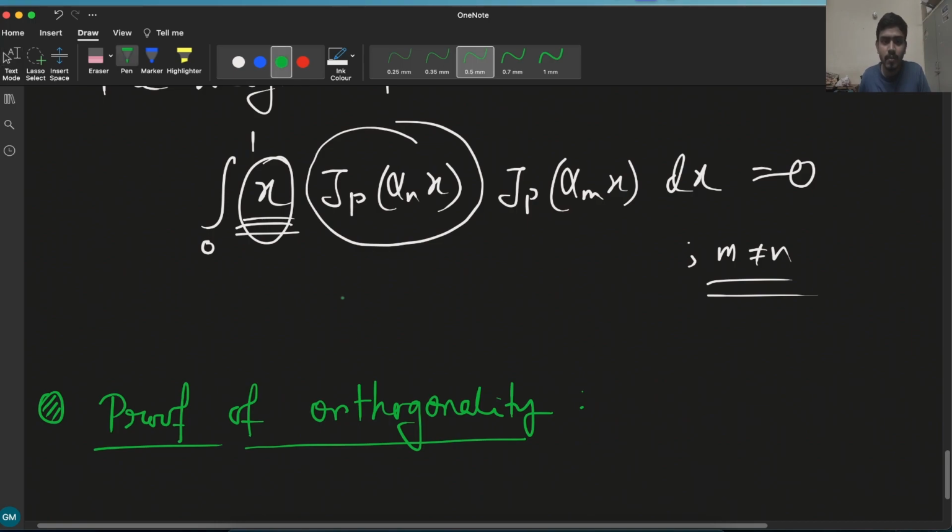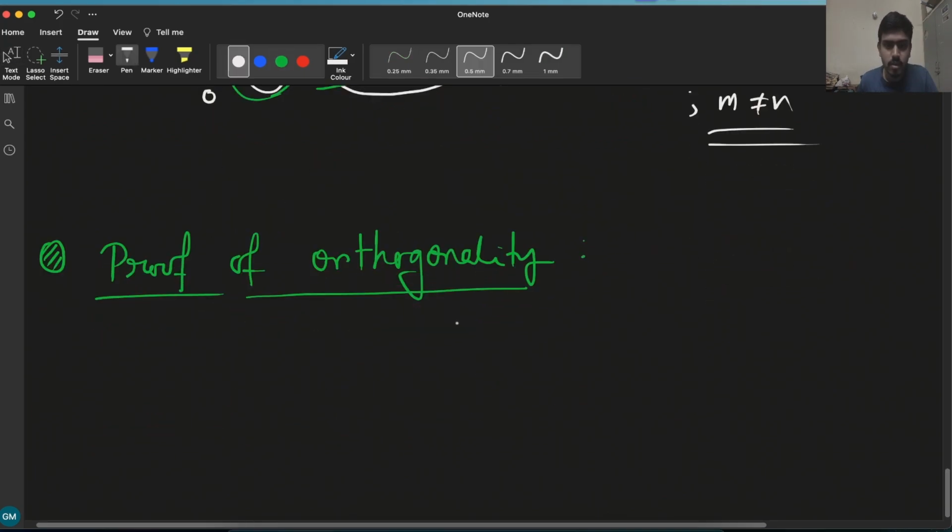It means if we take two different zeros of these Bessel functions, that is alpha n and alpha m, and if we do the inner product between this Jp(alpha n x) with Jp(alpha m x) subjected to this weight function x, then the inner product will be 0. That's what it means by orthogonality of Bessel functions, and let me prove it.